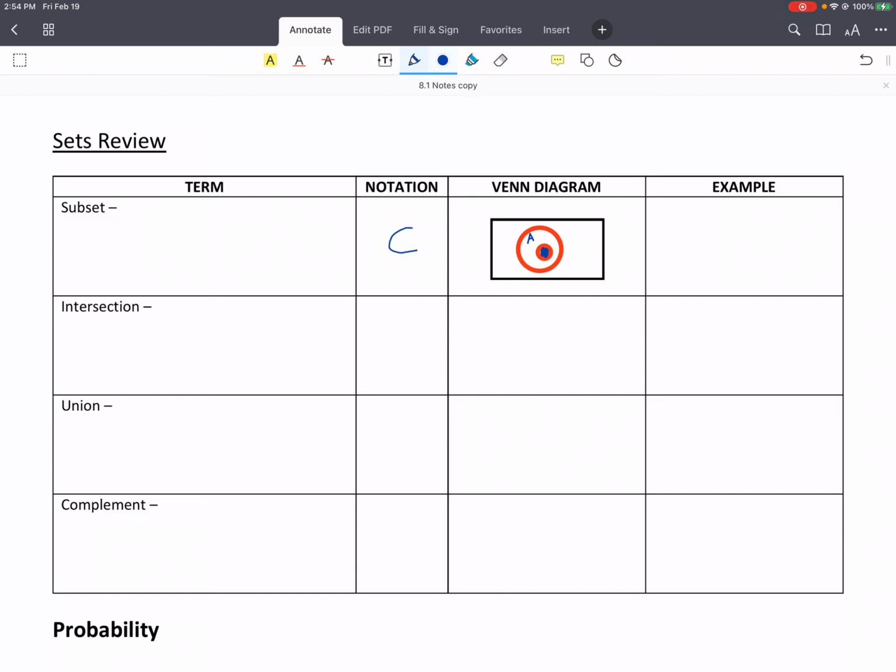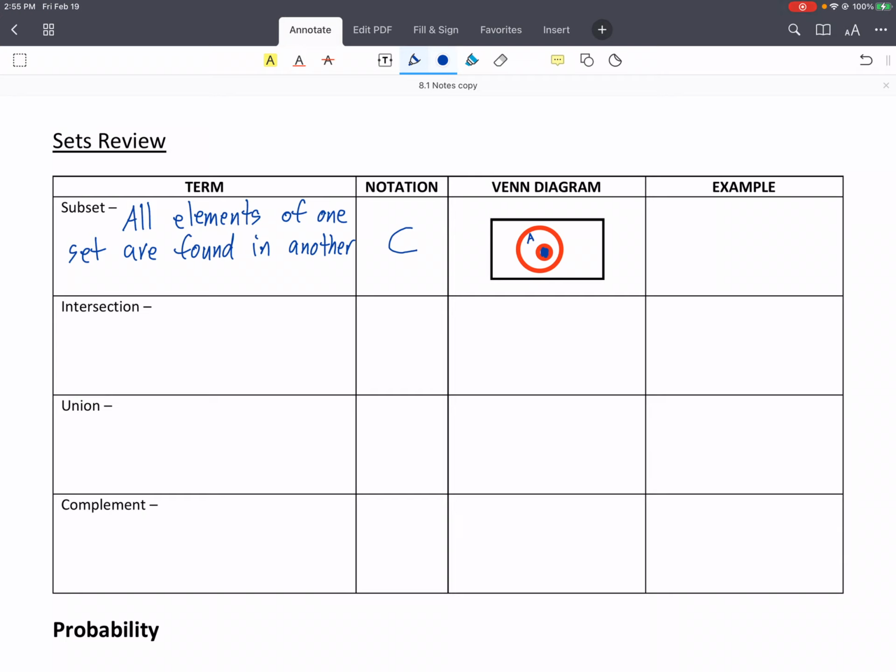And so remember, a subset is all elements of one set are found in another. Okay, and then also we go on with intersection.